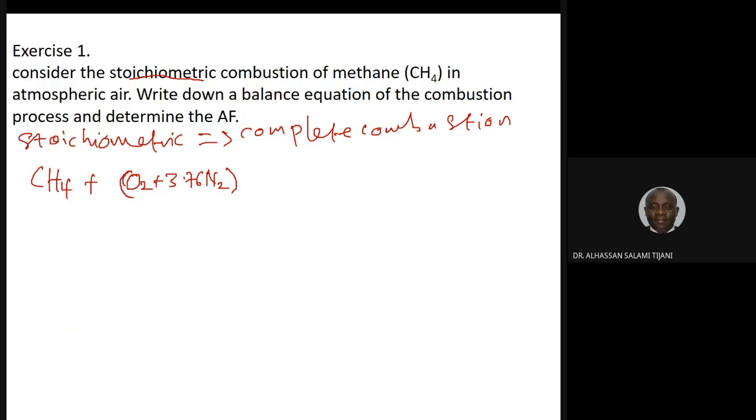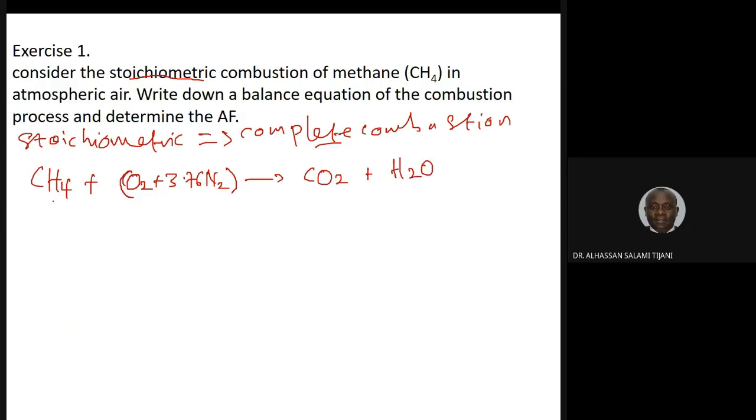Since this is a complete combustion, all the carbon will be converted into carbon dioxide, and all the hydrogen will be burnt into water.